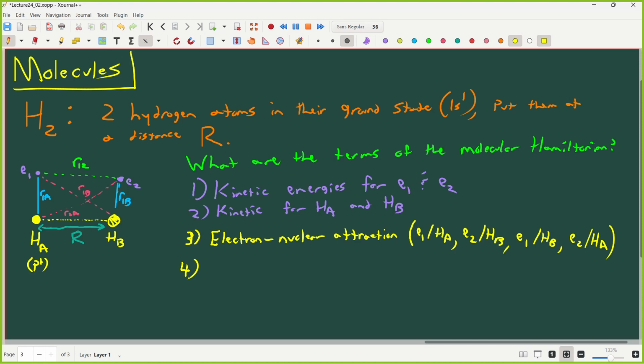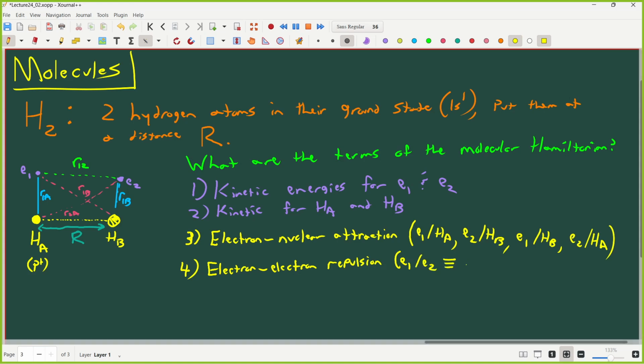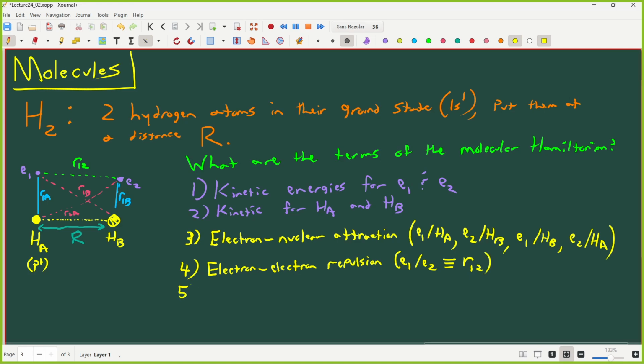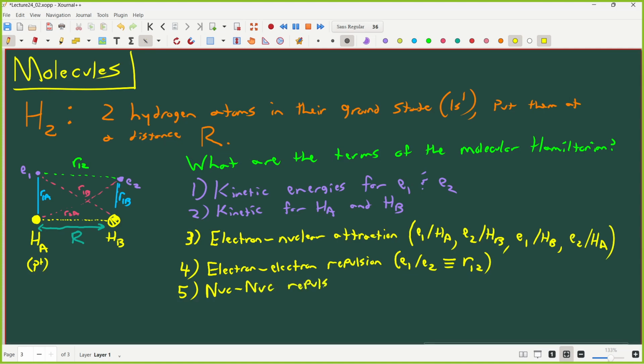They repel each other. So there's an electron repulsion term, which is E1, E2, and the coordinate for that, of course, is R12. And then there's a nuclear-nuclear repulsion, which is R.